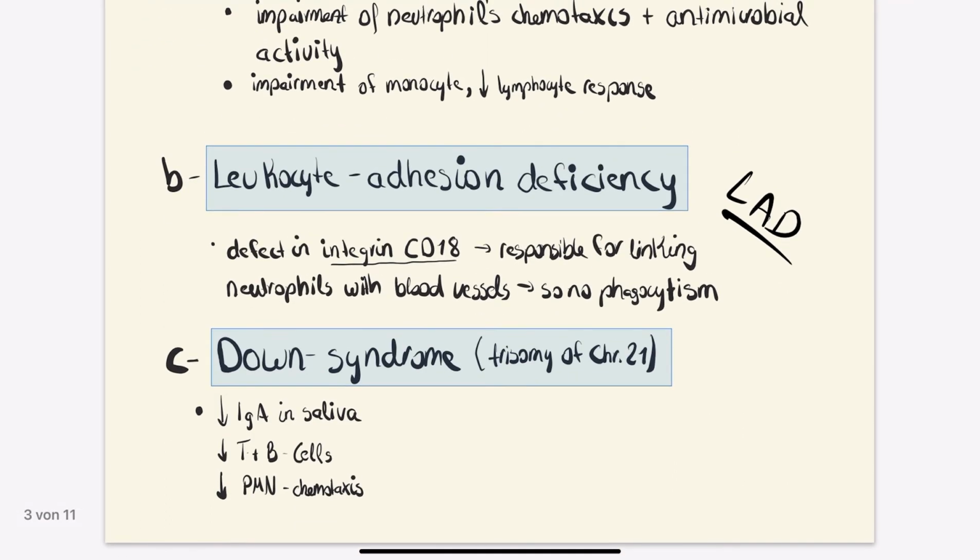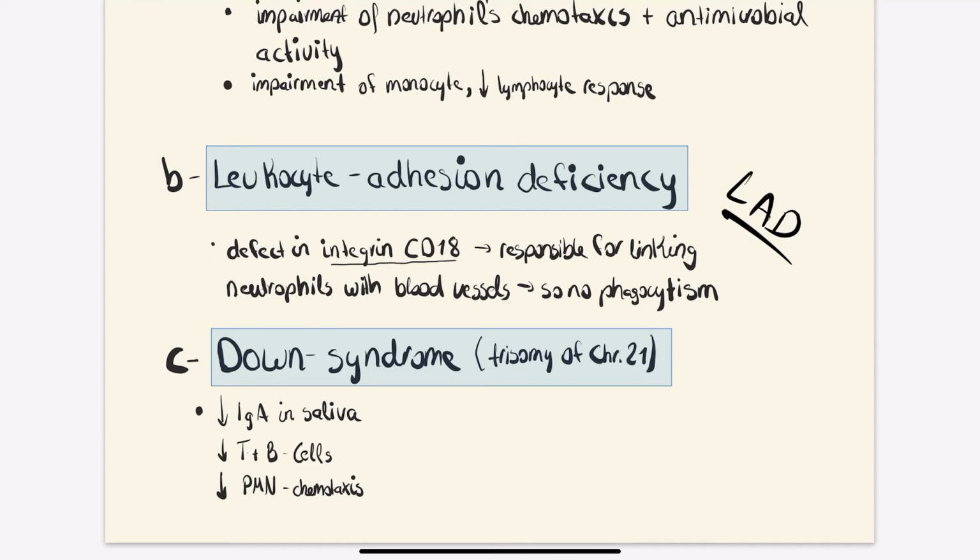The third type is the Down syndrome. Down syndrome is a trisomy of chromosome 21. We have a decreased immunoglobulin A, which is responsible for the mucosal immunity and the saliva. We have decreased T and B cells and decreased PMN chemotaxis function.